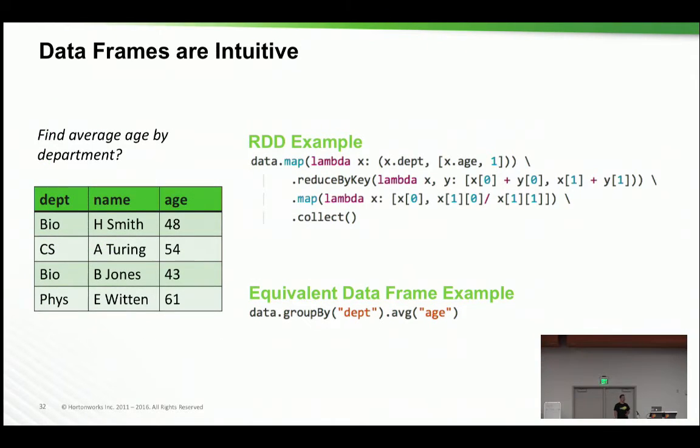To give you another comparison, on top you have an RDD example and on the bottom you have a data frame example, and all it's doing is finding the average age by department. As you can see, there's a lot more involved in processing that same data with an RDD versus the equivalent data frame with the higher level API.